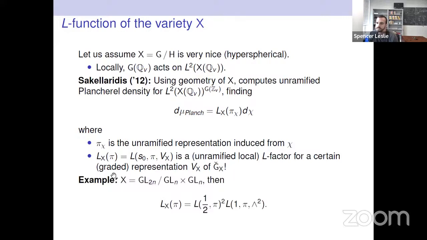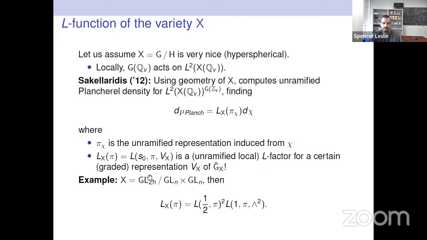So when I look back at this example of Friedberg and Jacquet, one can do this calculation, and in fact, Sakellaridis actually computes many of these cases in his 2012 paper. And so there's a very nice table at the end giving the specific L functions that arise for nice varieties.